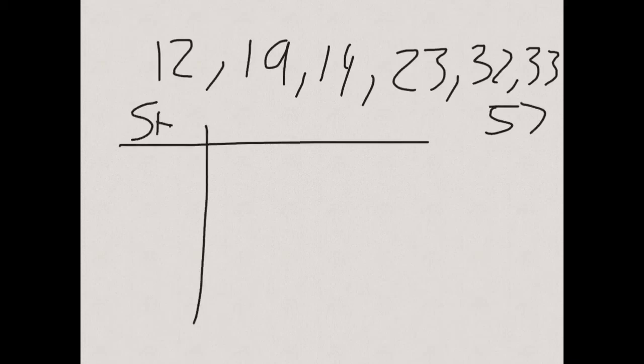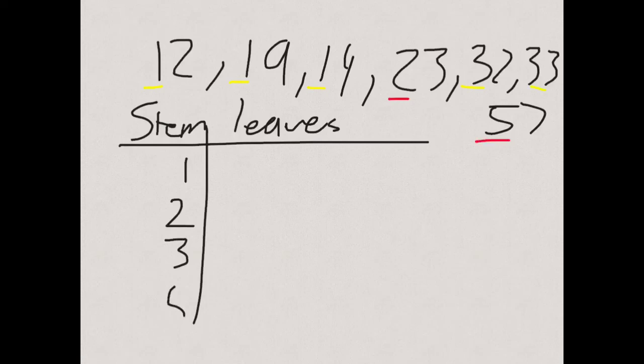So here's your stem, your leaves. I look for the first digit of each one. So here's my 10s, my 20s, 30s, and I'll skip 4 because there's none, but there's one with a 5, a 50.